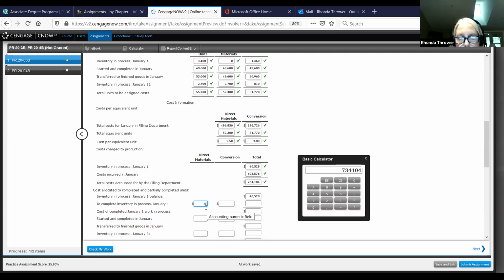They're already there. What we do need to figure out is how much we have left to finish the beginning inventory units. And obviously we're in the conversion column here. So our beginning inventory units were 100% completed for materials last period. But this period, we need to finish those beginning inventory units with respect to conversion.